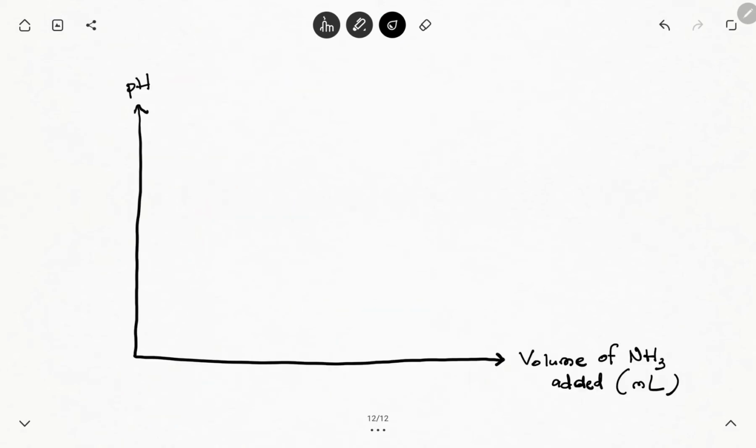Okay, to sketch the titration curve, we start with drawing the y-axis and x-axis. The y-axis is pH and the x-axis is volume of NH3 added in milliliter. Put the initial pH first, 1, and the sharp increase is from 3 to 7, and the final pH is 11.